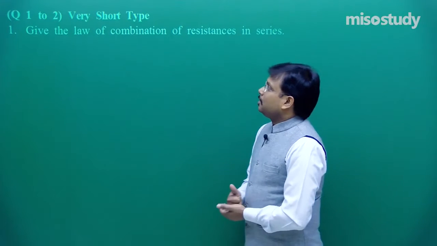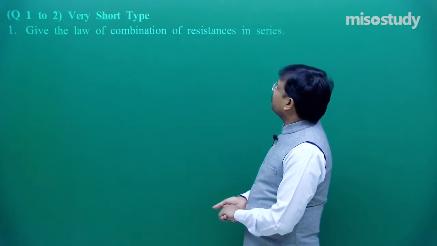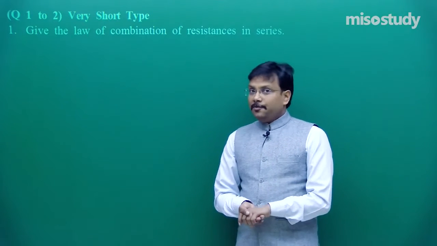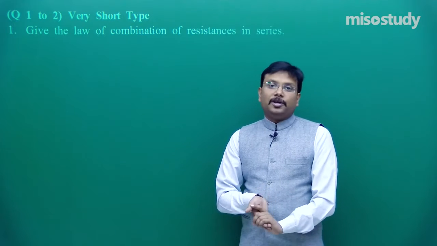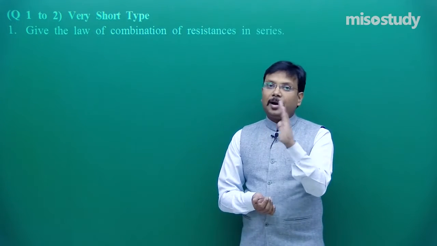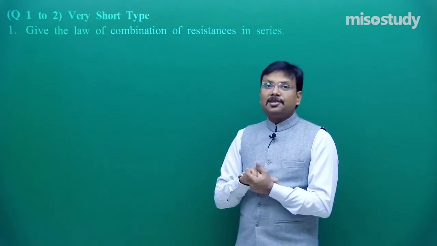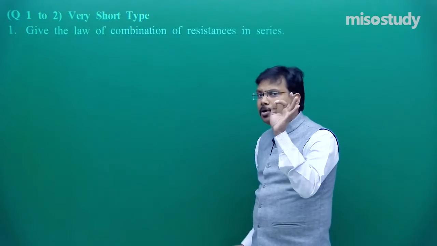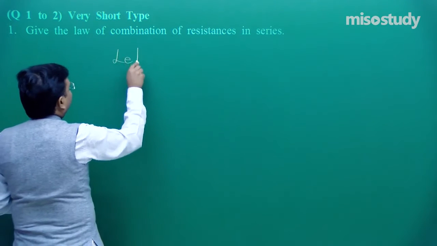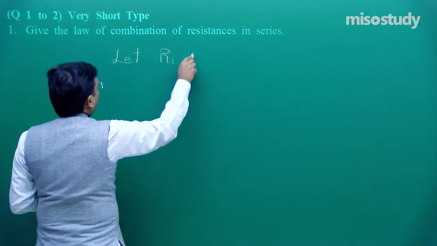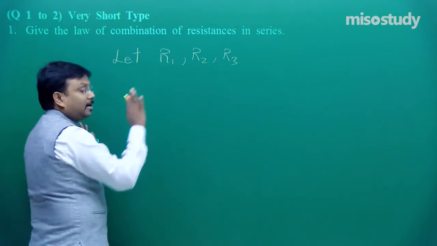Fine. So, first is: give the law of combination of resistances in series. Now, if you try to recall our videos, then I devoted 2 videos specifically to series and parallel combinations. Fine. So, here the law of combination of resistances in series. Simply you have to write down, let R1, R2, R3, 3 resistances be connected in series.